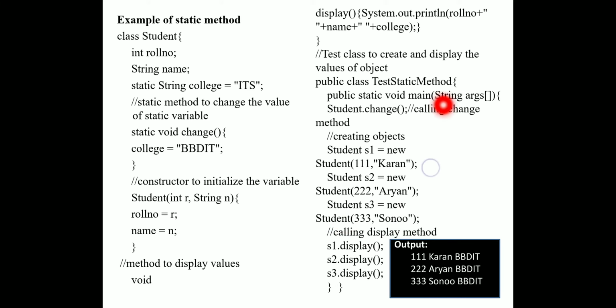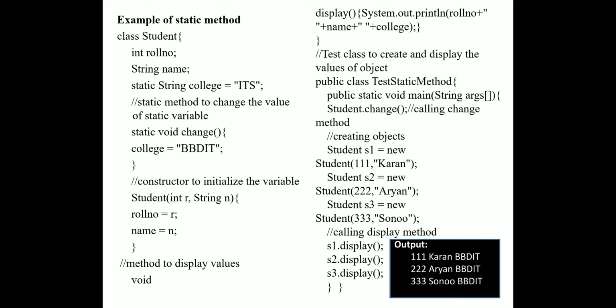Here, the output of this whole program is 111, Kiran, BBDIT; 222, Aryan, BBDIT; 333, Sonu, BBDIT. In the program, the value of the college can be changed. Remaining all are the same.